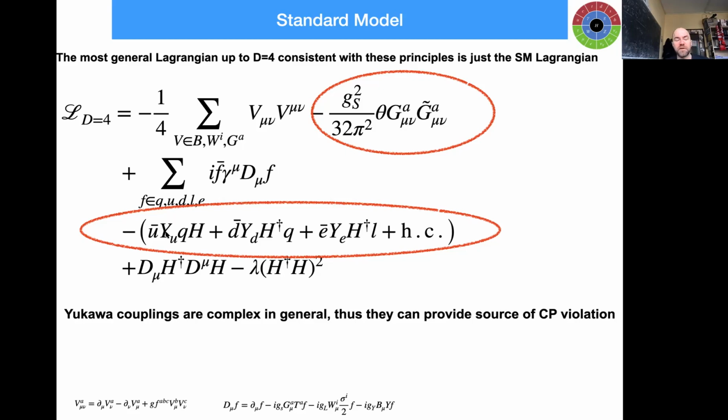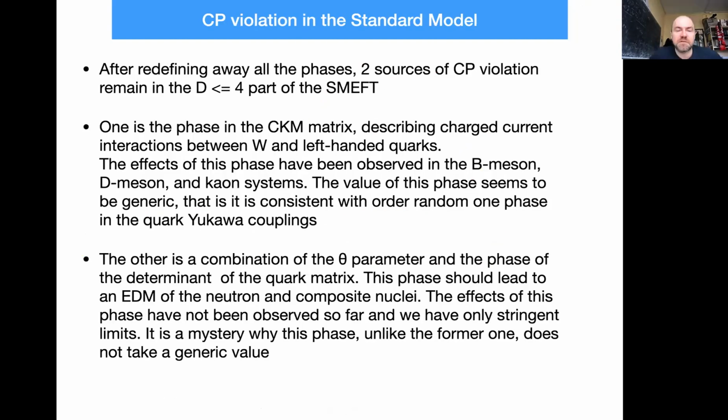If we only have a D equals 4 Lagrangian, there is only one combination of phases in the YU and YD that survives and gives you the physical effect, and that is, of course, the CKM phase. I will not be talking about this any further, since this is material that everybody knows. But the bottom line is that if we stop at D equals 4, we have only 2 sources of CP violation.